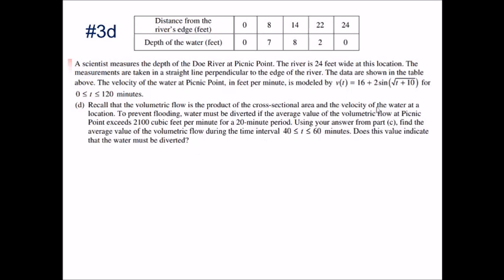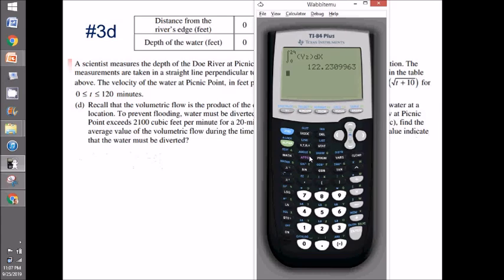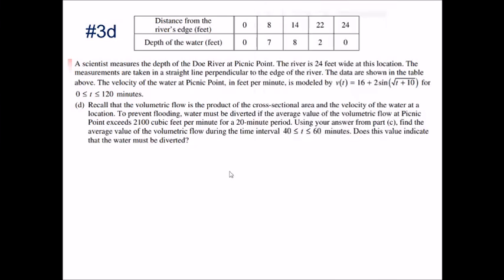All right, they said using our answer from part C, so I'm going back to my calculator right away, and I'm going to have to use this again. So I'm going to take this value and store it as alpha A. Now I can just plug in A and get this back whenever I want. Okay, so I need an average value over the interval from 40 to 60.